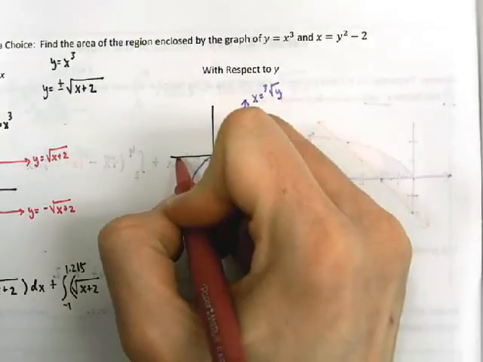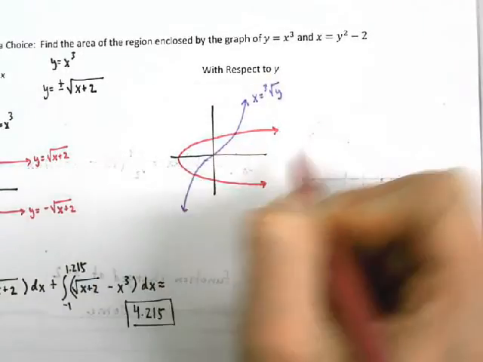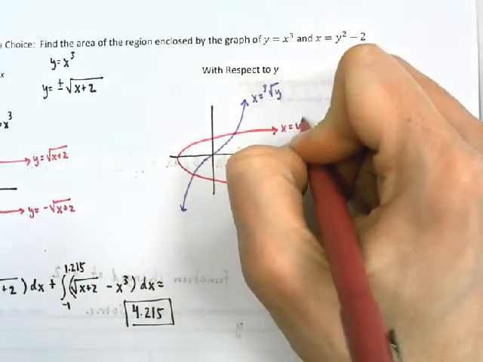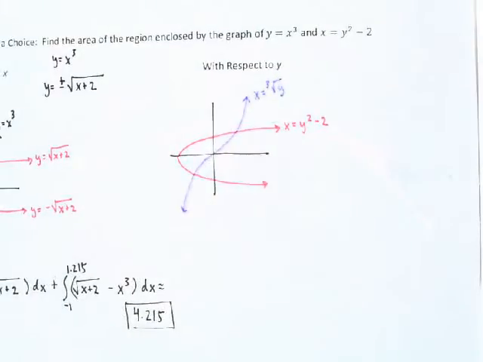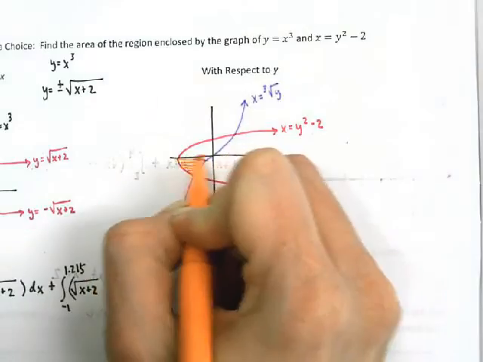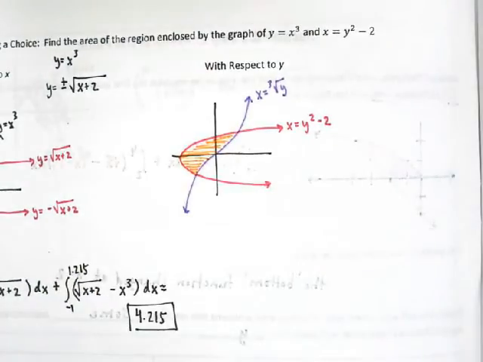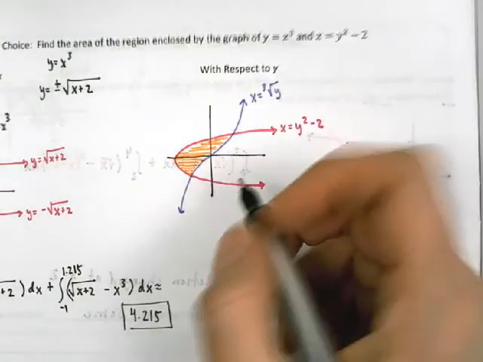My other function, y squared minus 2, again, is going to look like this. This is x equals y squared minus 2. Now you can see that to find the area, my right and left boundaries stay the same over that whole interval.